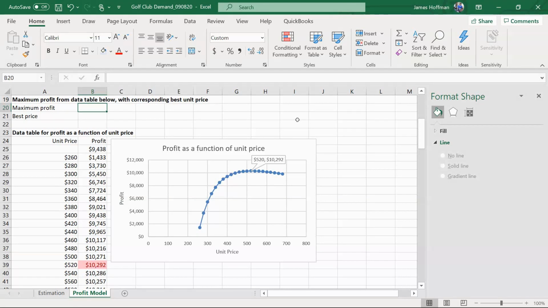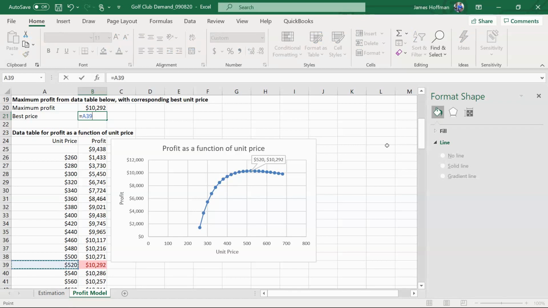So in B20, just type in equals B39, and then in B21, just type in equals A39. Or you can just type them in, but the maximum profit is 10,292, and that's associated with the best unit price, 520.